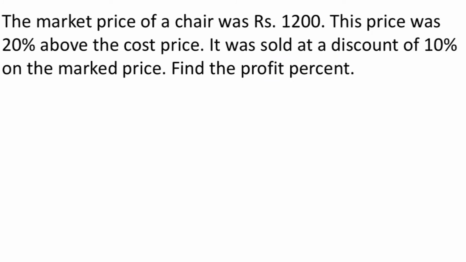The market price of a chair was 1200 rupees. This price was 20% above the cost price. It was sold at a discount of 10% on the market price. Find the profit percent. So cost price is not given.